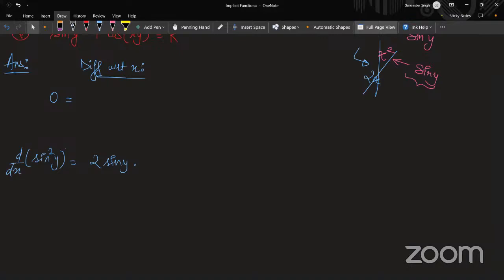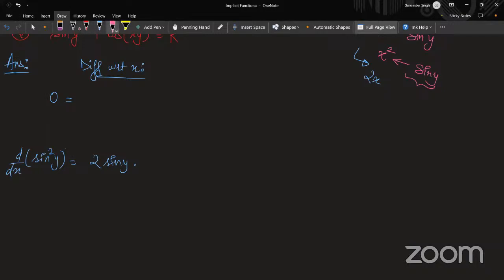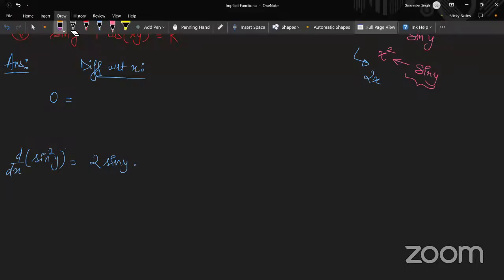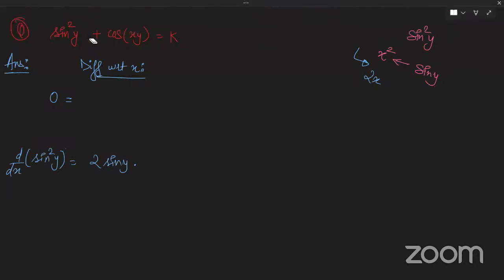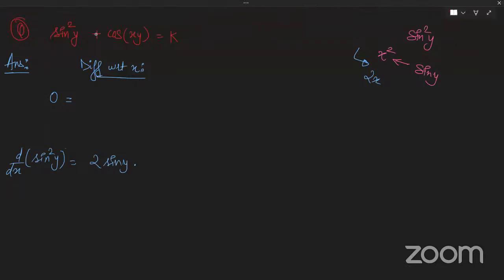Should I repeat? Okay. See, I have got this function sine y that is inserted inside x squared. I approach from the outermost side in chain rule. The first function that I get is x squared. I differentiate it, I get 2x.